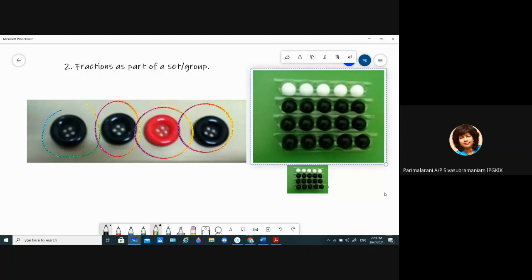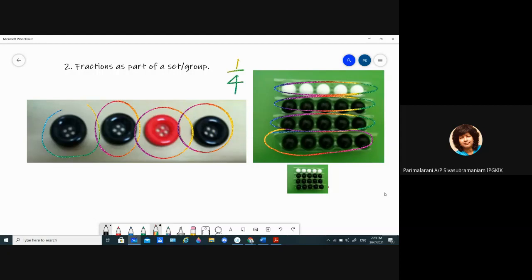So what is the fraction of the white marbles? We know that this is one row or one group. So we can divide them into groups: 1 group, 2 groups, 3 groups, 4 groups. So we know that there are 4 groups of marbles here. The white marbles represent 1/4 of the groups, okay?